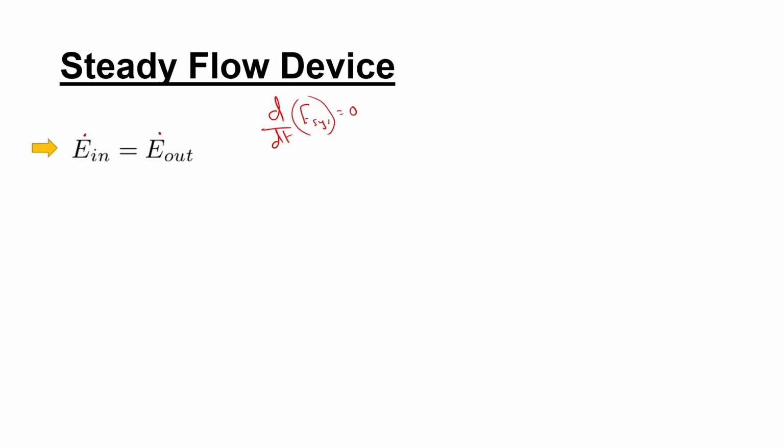That means there is no change in the energy of the system; it will remain constant. Whatever energy is coming in is going out. Also, dm by dt of the system is 0, so there is no mass change in the system.